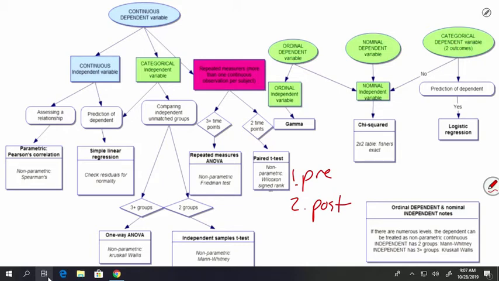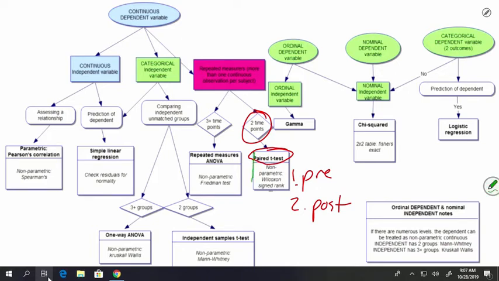So in that case, for every single operator that went through that intervention, we can get their knowledge score before and after, or we can get their plant's audit scores with either of those sets of data. We would do a paired t-test because we have 2 time points that we're wanting to compare.